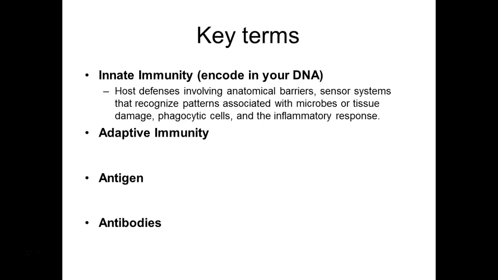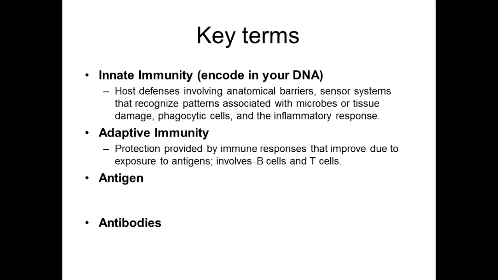It's going to change over time. So it provides protection that improves due to exposure to antigens. And the major cells that are responsible for this are our B cells and our T cells. These are actually lymphocytes, but we commonly abbreviate them by these single letter terminologies.